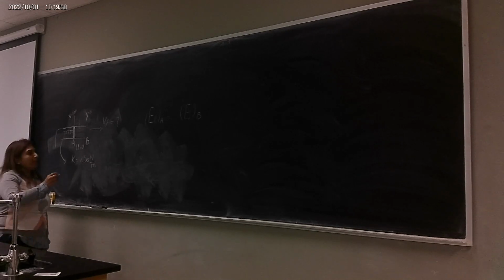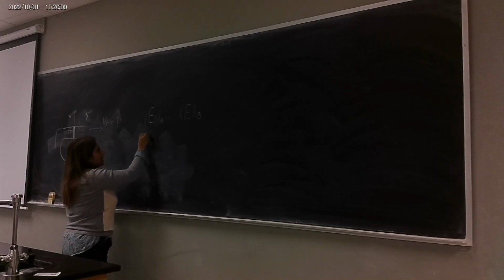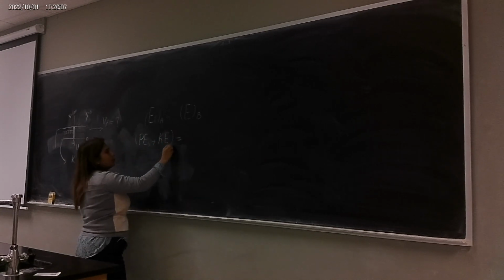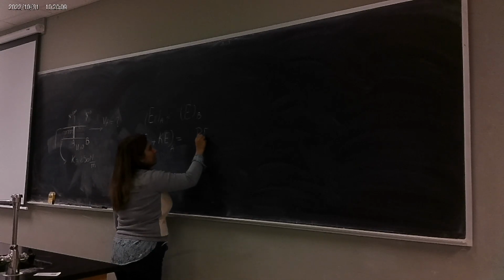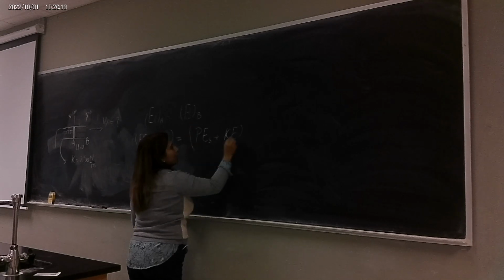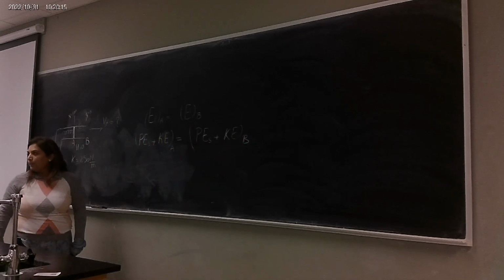Total energy of the system always remains the same. That means elastic potential energy plus kinetic energy at point A should be equal to elastic potential energy and kinetic energy at point B. Make sense?